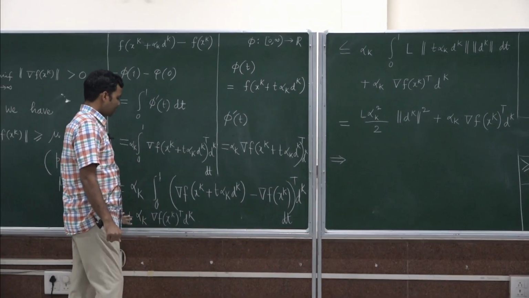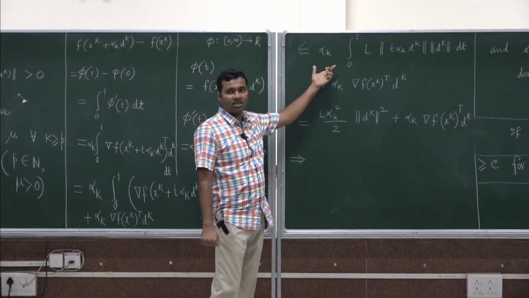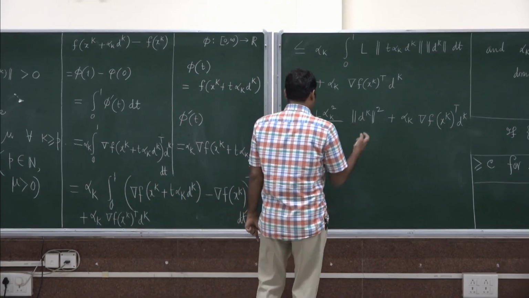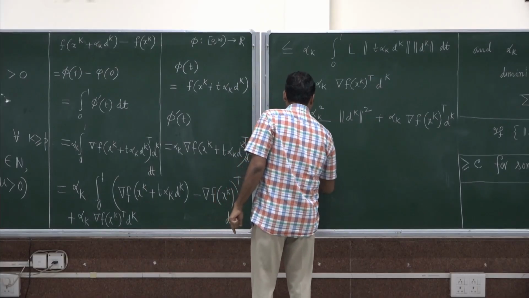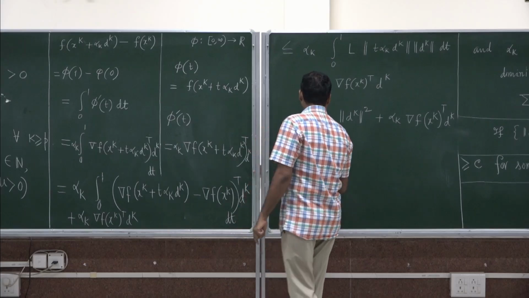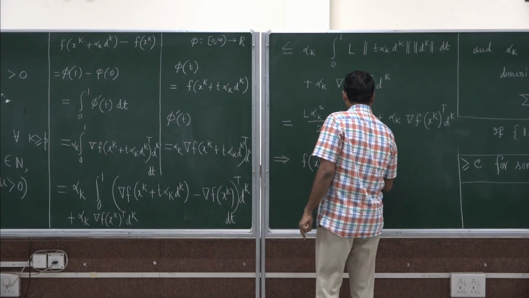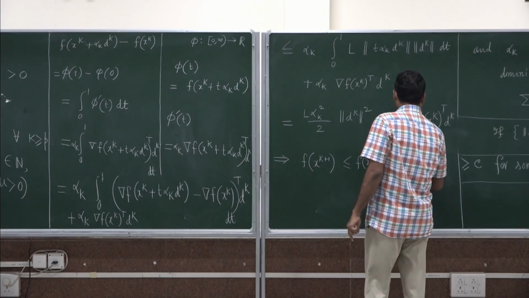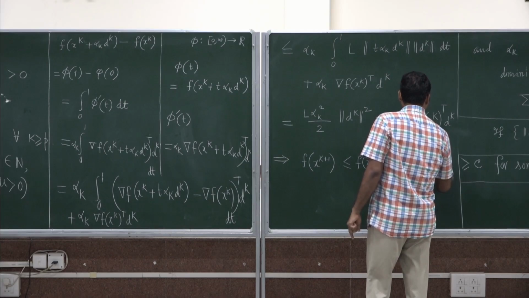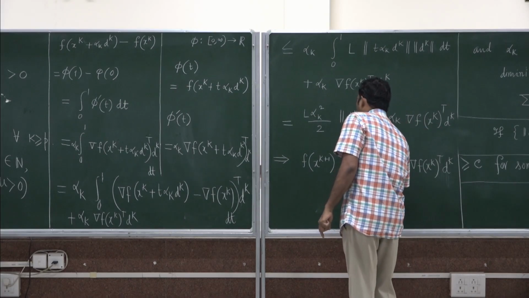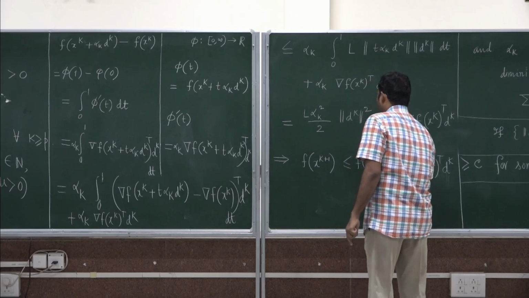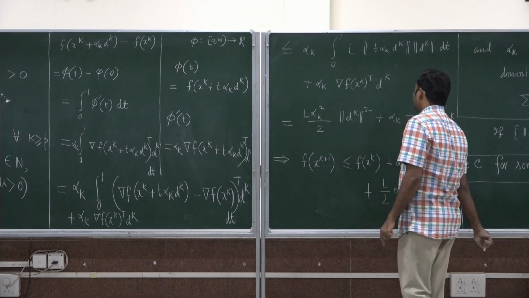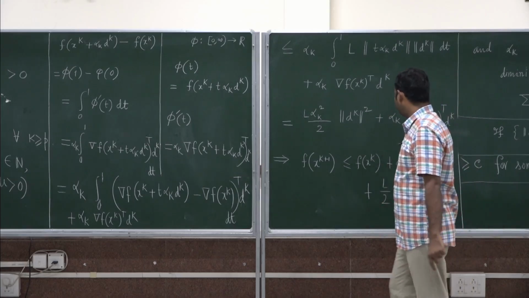This entire derivation is under the general assumption that the function f has Lipschitz gradient. So for any alpha k you choose, you have this inequality: f(xk plus 1) is less than or equal to f(xk) plus alpha k gradient f(xk) transpose dk, plus L by 2 alpha k square norm dk square, fine.